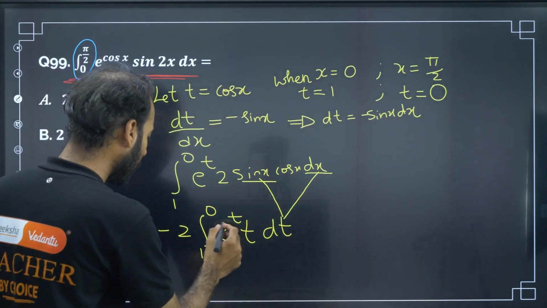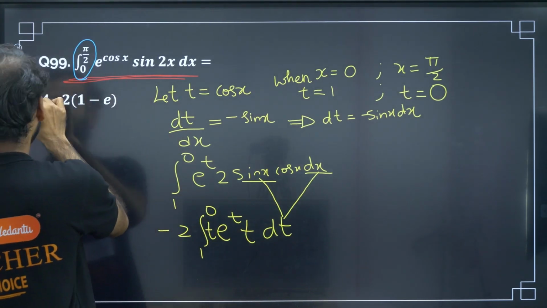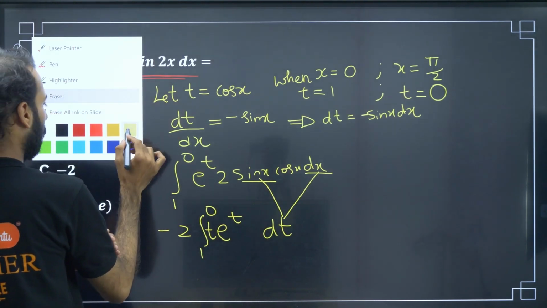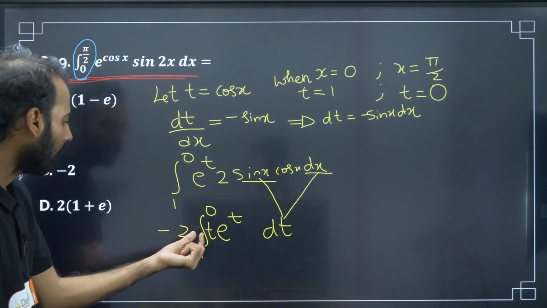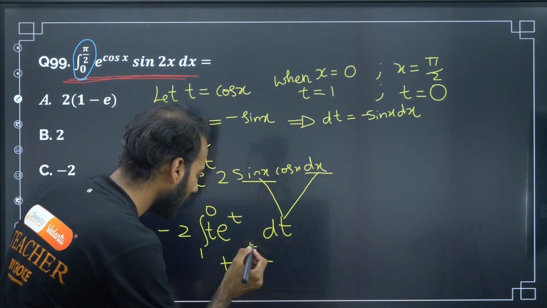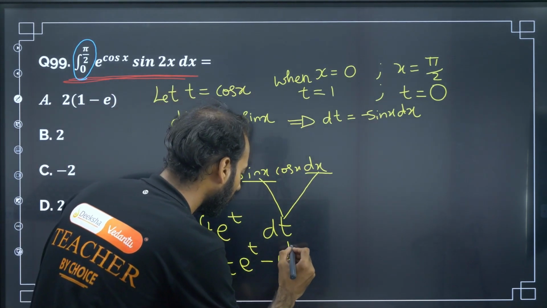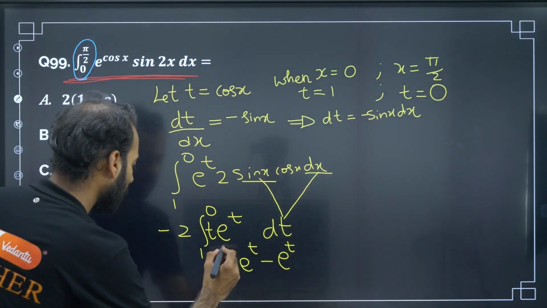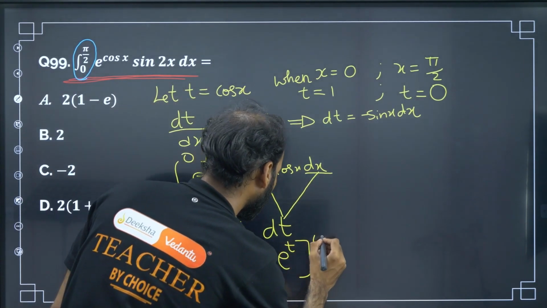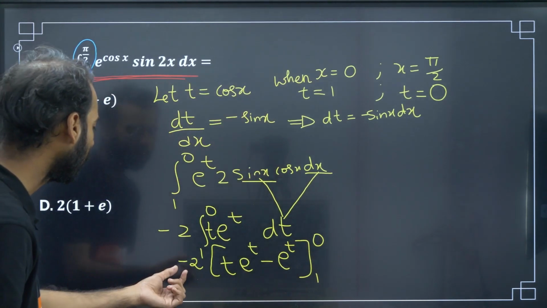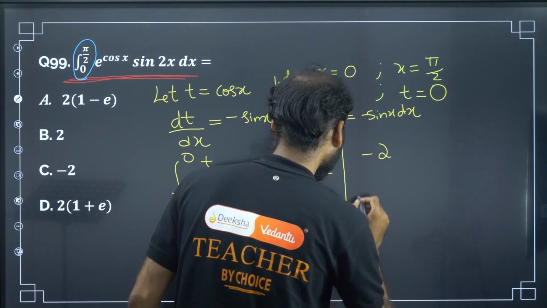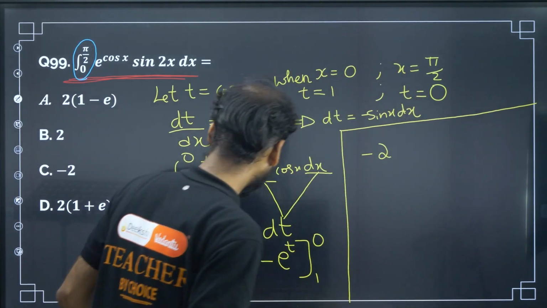Integration of first function into second: first function as it is, integration of next, minus integration of d by dx of first into integration of next. This is minus 2 from 1 to 0.